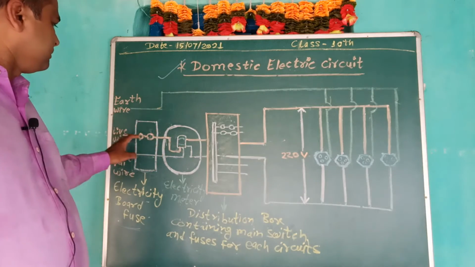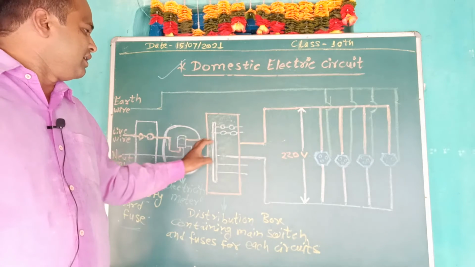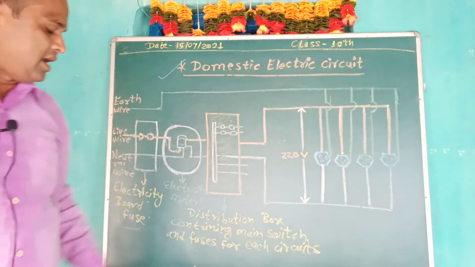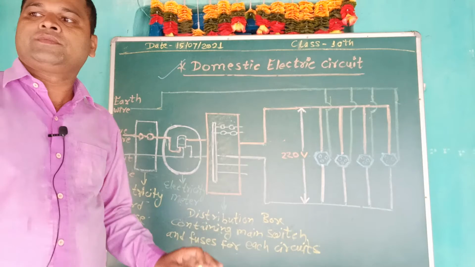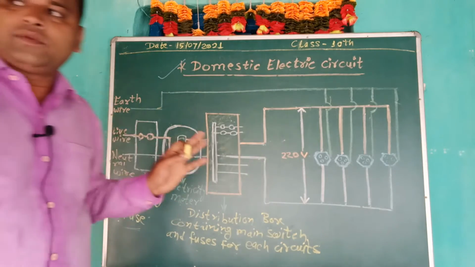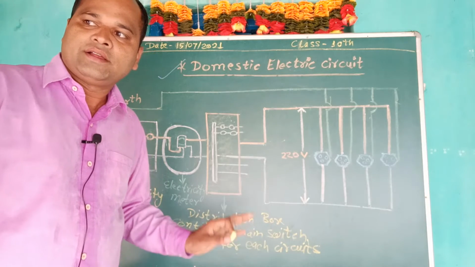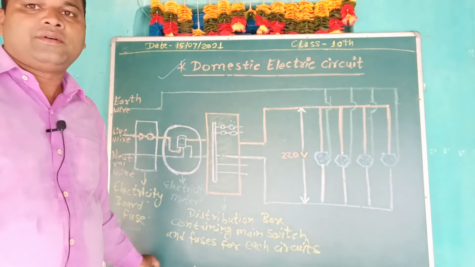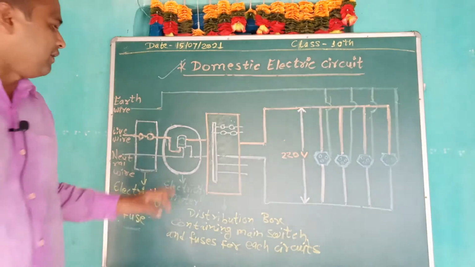This red insulated wire is called the live wire, or positive wire.